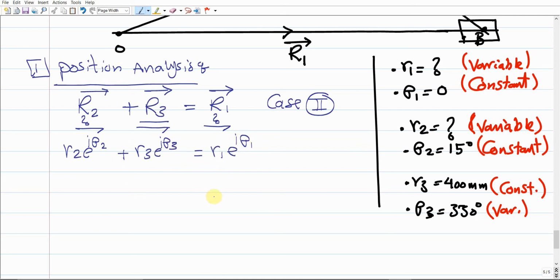Before you proceed, what I'm going to tell you is, in case any one of these thetas, either theta 1, theta 2, or theta 3, has a value of either 0 degrees, 90 degrees, 180 degrees, or 270 degrees, it means that this is one of the common angles. And the other condition is that the angle should be constant. It shouldn't be variable.